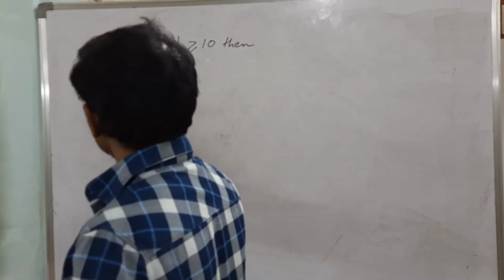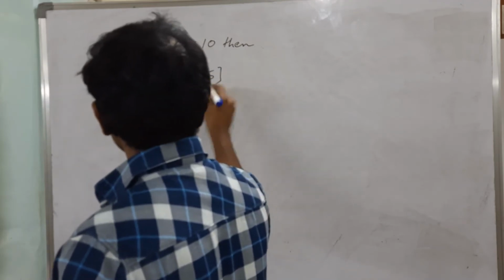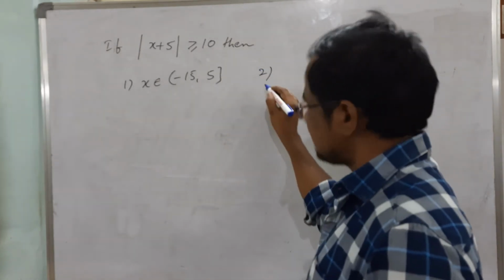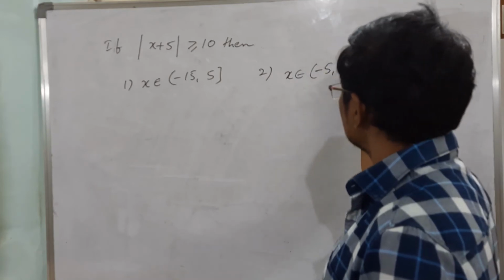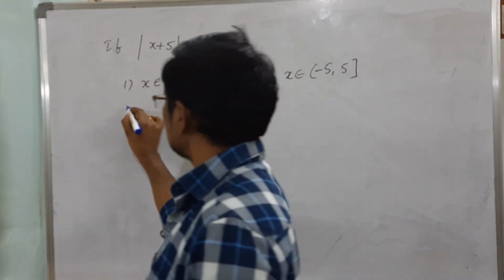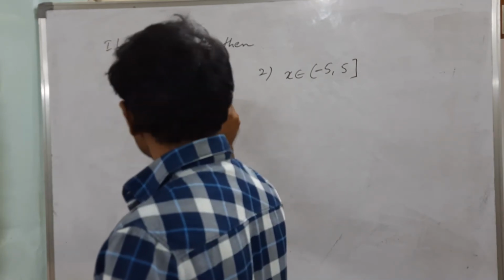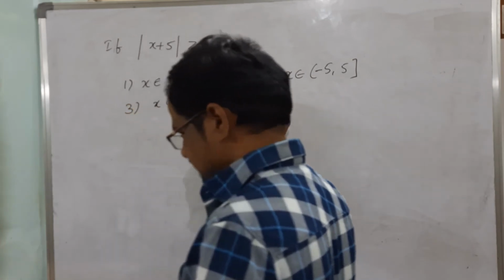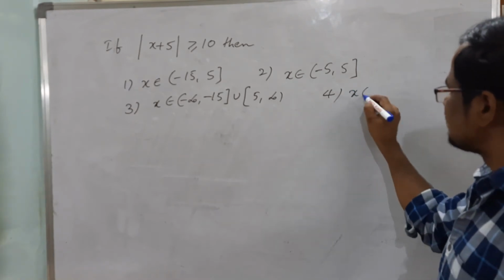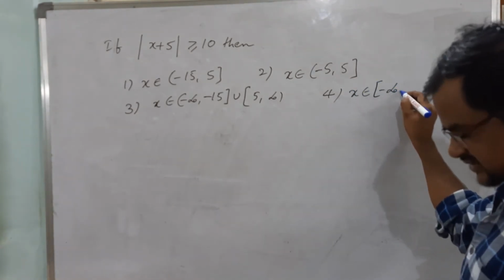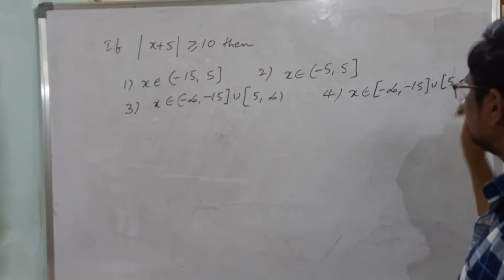The first option is x belongs to the open interval minus 15 comma 5 closed. The second option is x belongs to minus 5 comma 5, closed and open. The third is x belongs to minus infinity to minus 15 closed, union 5 to infinity. The fourth option is x belongs to the closed interval minus infinity to minus 15, union closed interval 5 to infinity.